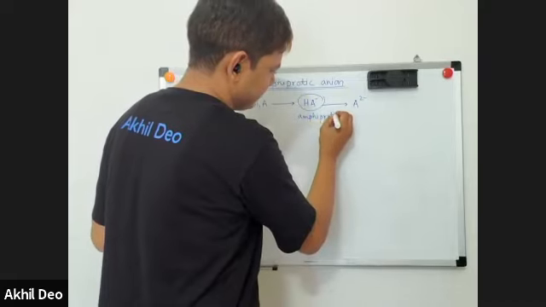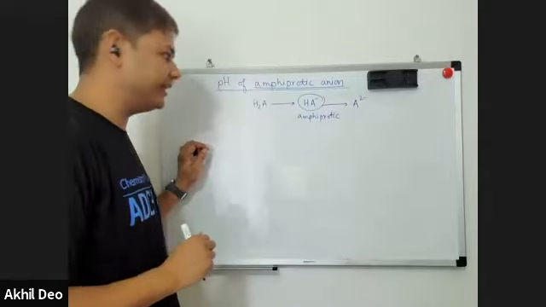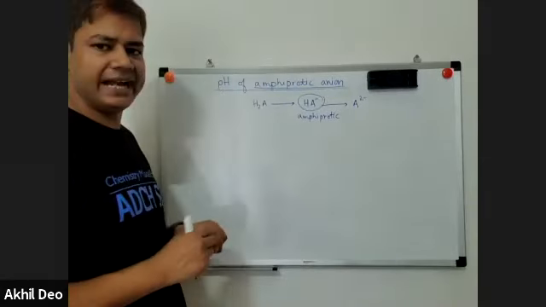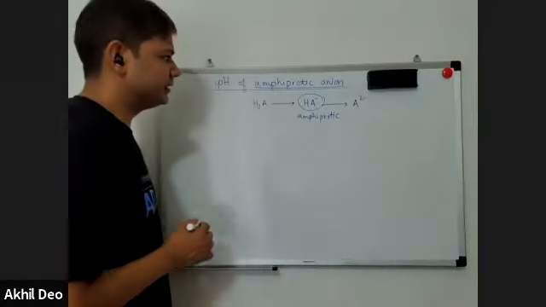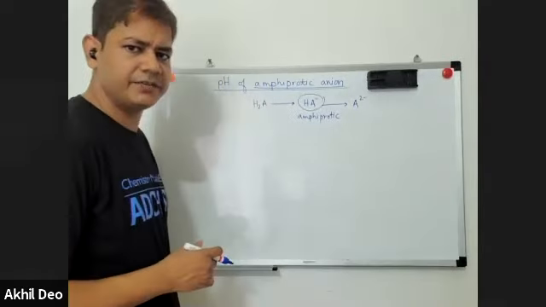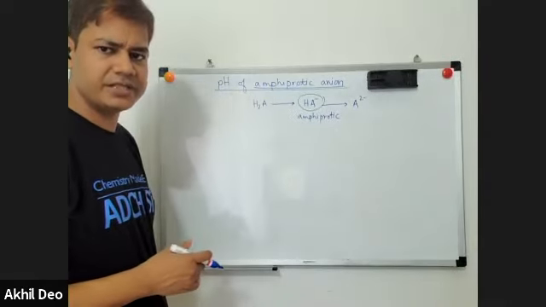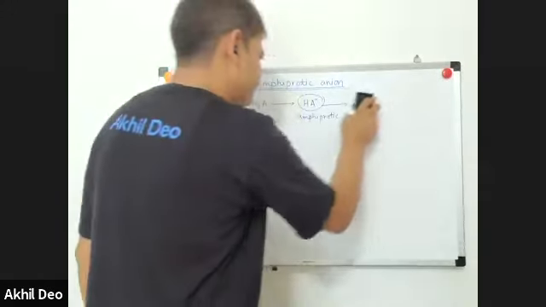We'll derive the expression for pH of salts containing an amphiprotic anion and cation of a strong base. So let us consider a solution of a salt containing an amphiprotic anion and cation of a strong base, and let us calculate its pH. So we have understood what is an amphiprotic anion.